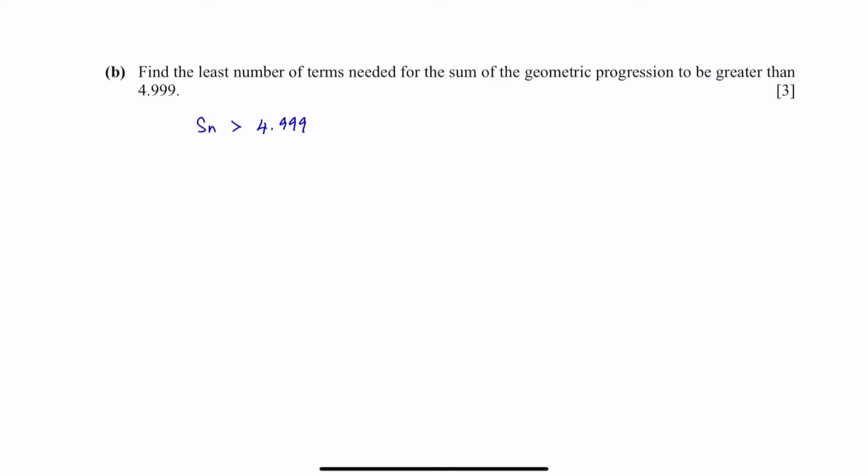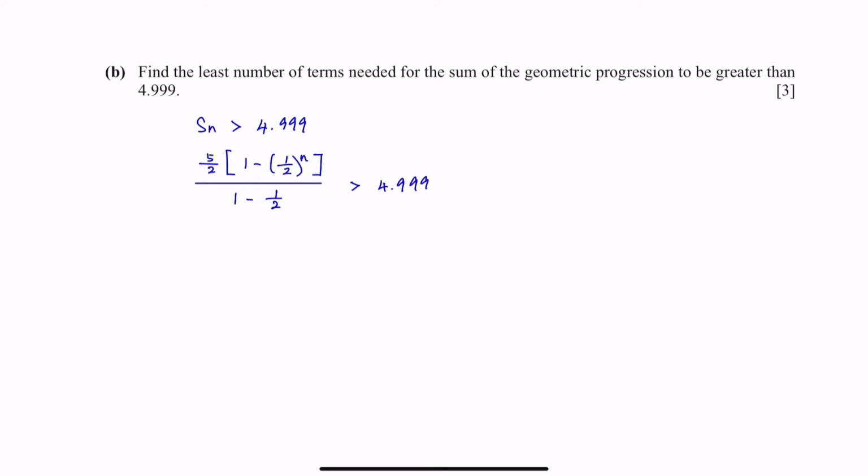So the sum to n is simply just the first term, which is 5 over 2, times 1 minus the common ratio to the n. That means we have 1 over 2 to the power of n over 1 minus the common ratio, which is 1 over 2. So this is larger than 4.999.